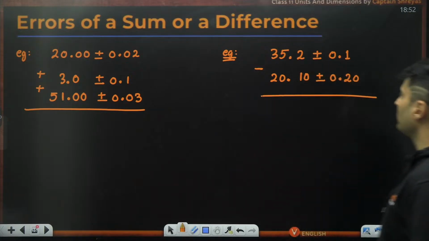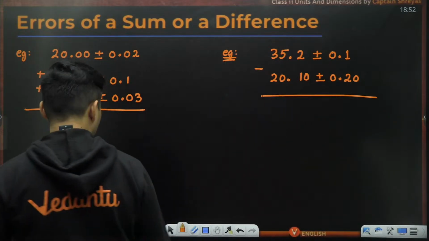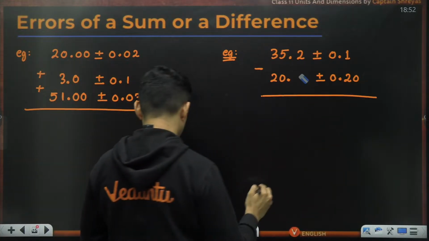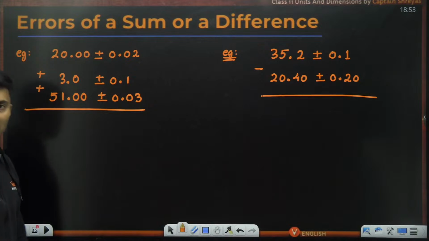What will your answer be? Okay, let's see if you can give the correct answer for this. Maybe I'll put 40 over here. Now think and tell me what will be the final answer.